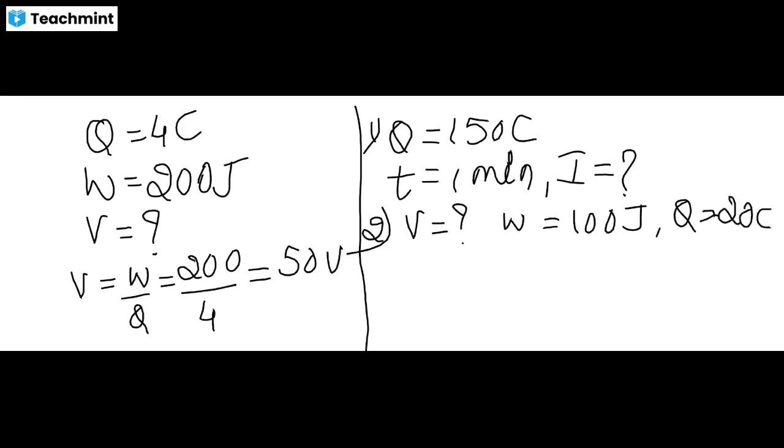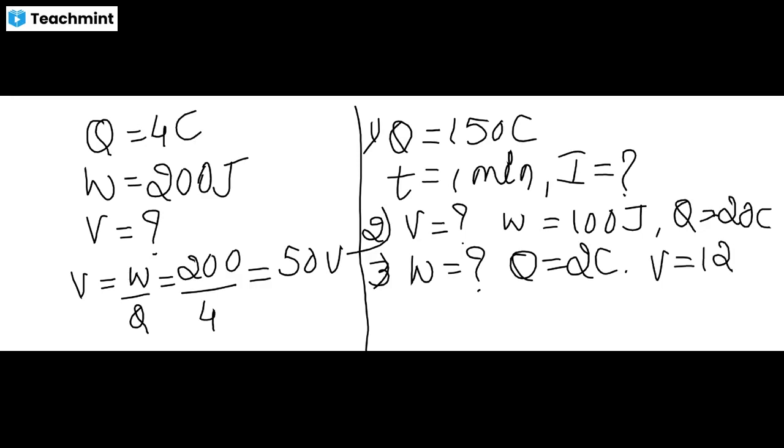Then next one, calculate the amount of work done in moving a charge of 2 coulomb across a potential difference of 12 volt.